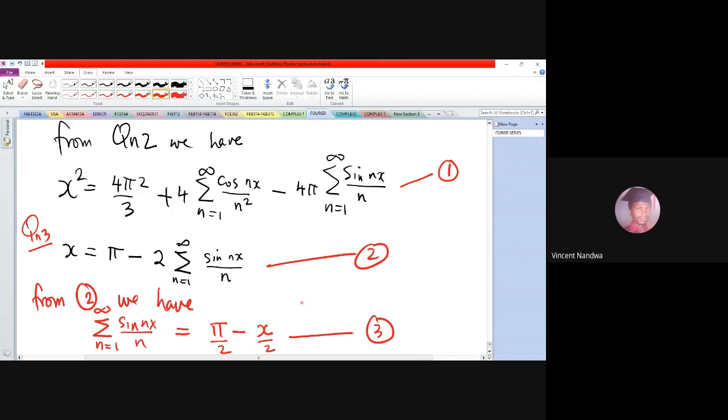So it means that then I can replace where we have this summation of sine nx over n from n equals 1 to infinity by this term here.